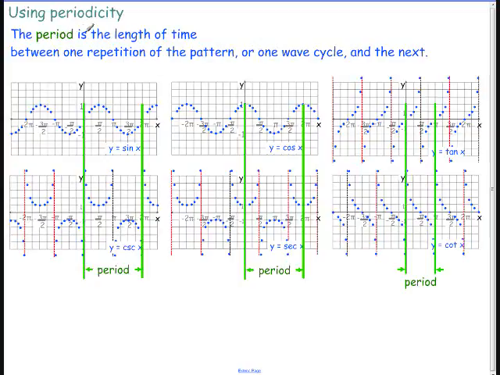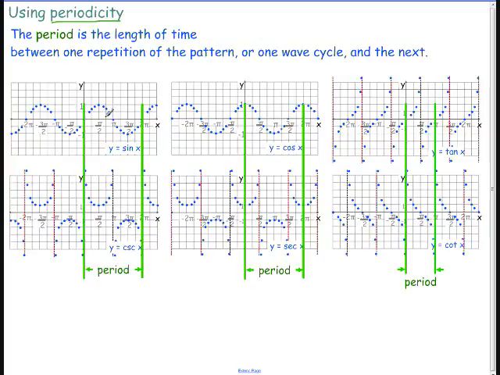Using periodicity. Oh no. See, if I think about it, I can't say it. Anyway, using this, we can examine sine and its reciprocal partner, cosecant.